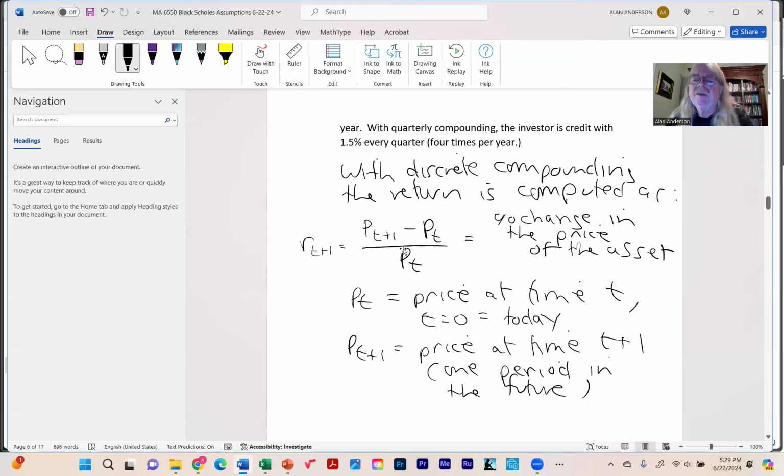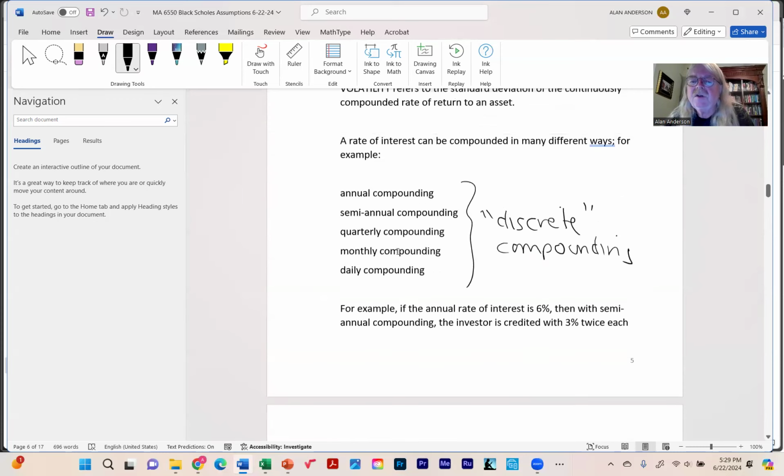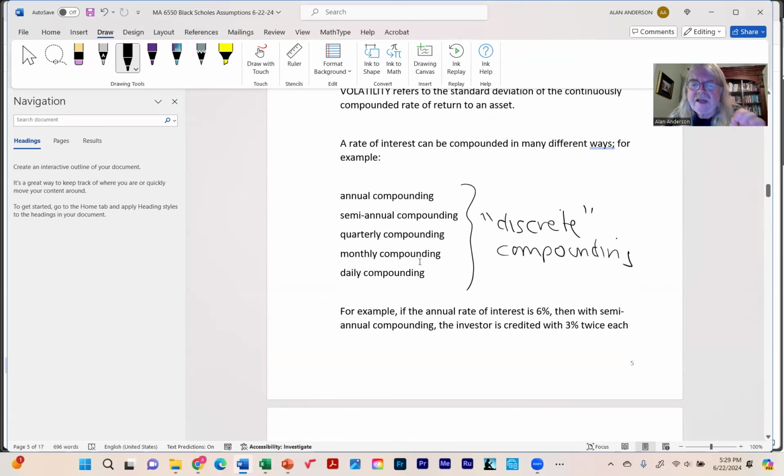Now, when you reach the limiting case, though, if you notice, we have progressively more compounding periods. For example, daily compounding means that this return is compounded 365 days a year. You can see that as we increase that, we're approaching a limit, as it turns out.